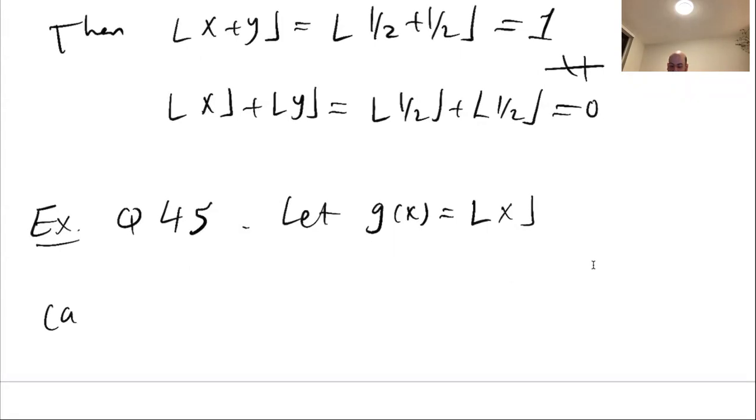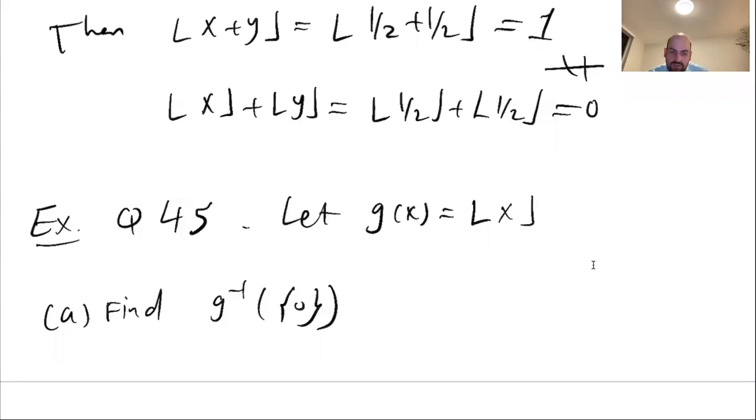Part A, find g inverse of 0. So what is g inverse of 0? G inverse of the set 0.